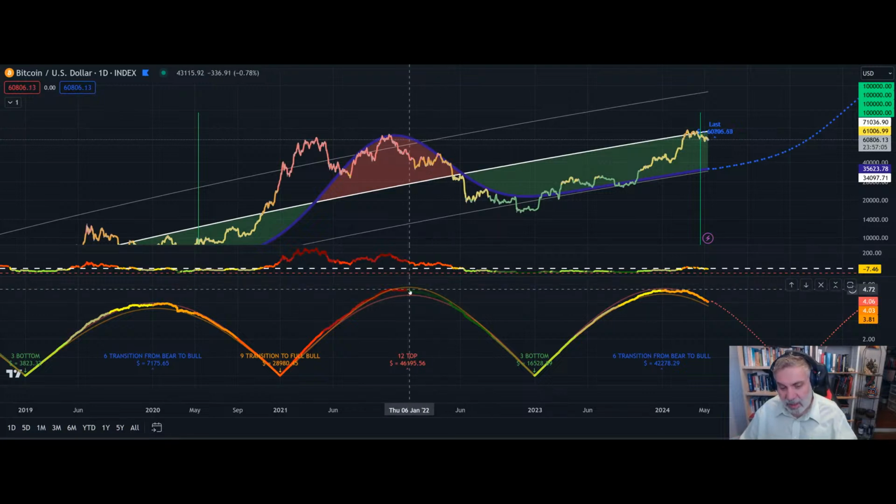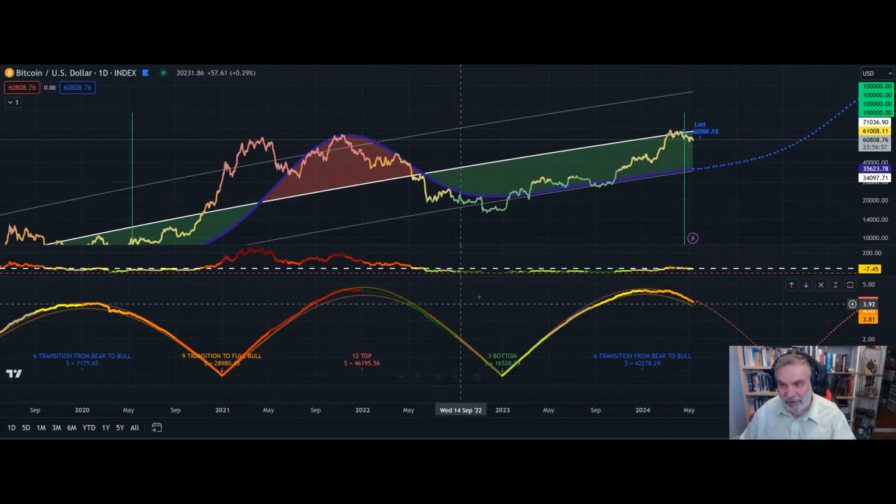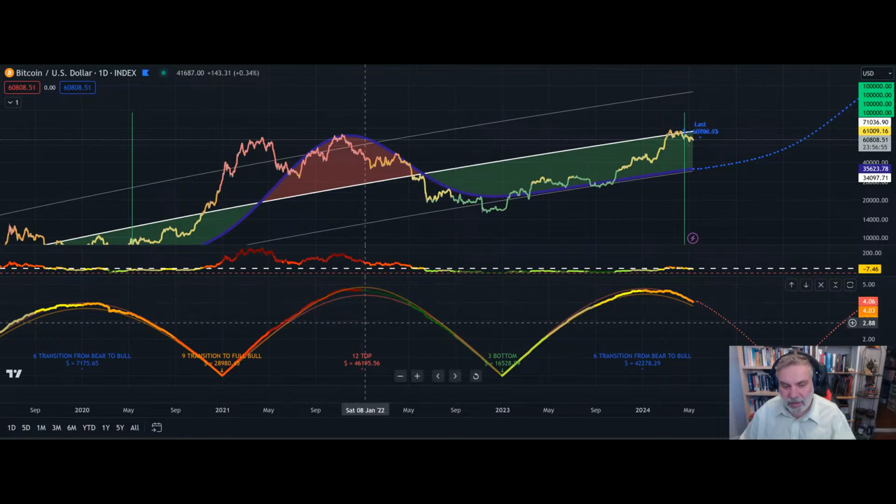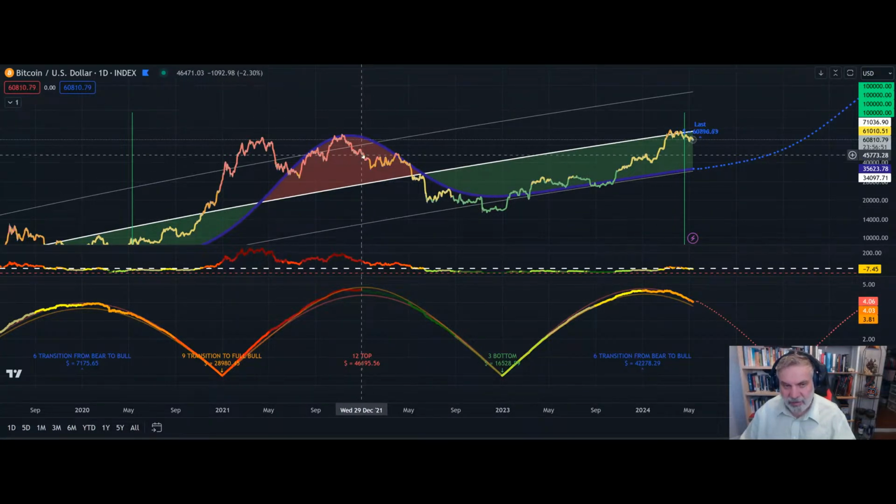So you can always ask, what is the BTC time? What is Bitcoin time? Hopefully it catches on and people start to use it, because it's a really cool idea on how we can use time to indicate where we are in the cycle. So the top is 12, the bottom is 3. And then we have these transitions.